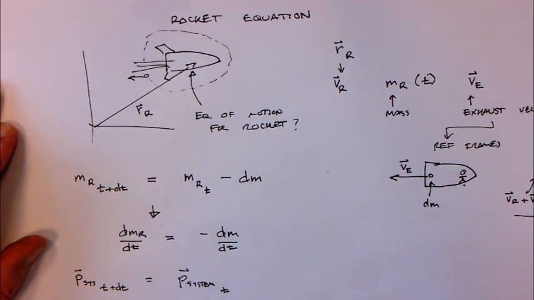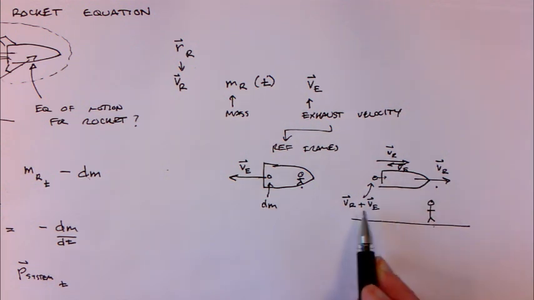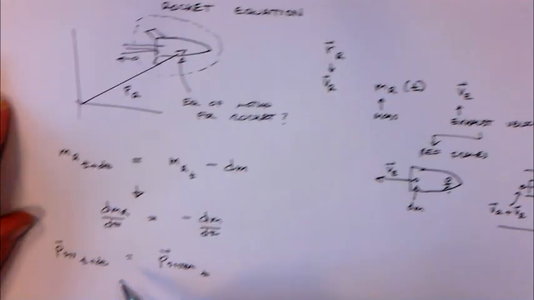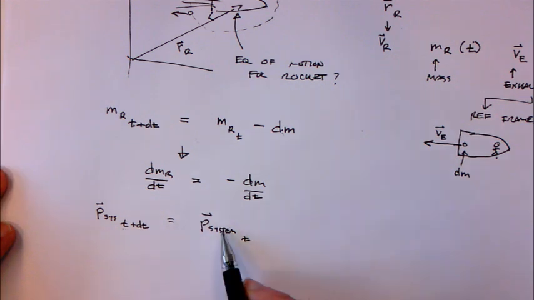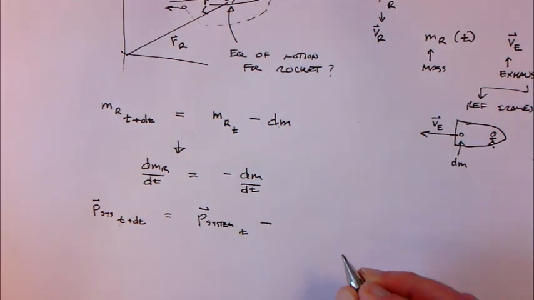If we're looking at this from the perspective of an observer on the ground, that chunk of mass dm leaves the system with a velocity of v sub r plus v sub e. So the new momentum of the system will be the old momentum of the system minus the amount of momentum that's left the system, right?